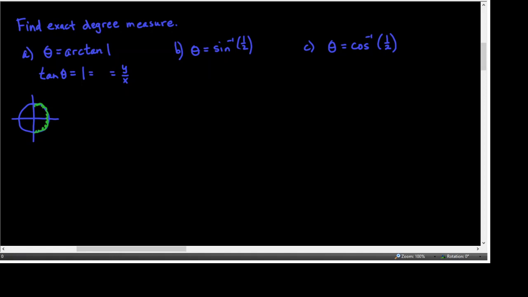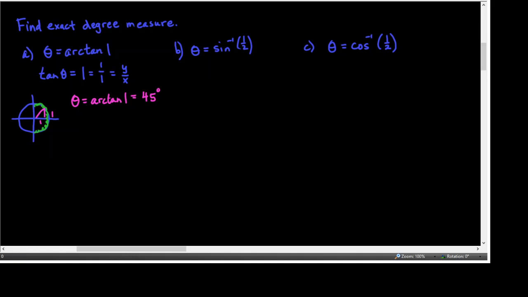And in that region, x is always positive. So if x is positive 1, y has to be positive 1 as well to make that divide to be positive 1. And so then we find a triangle that we can draw that has x 1, y 1, and that's the 45-degree angle. So theta, which is arctangent of 1, is 45 degrees.